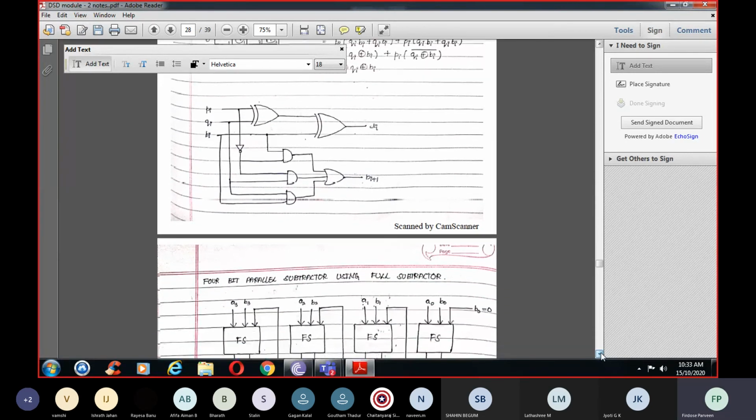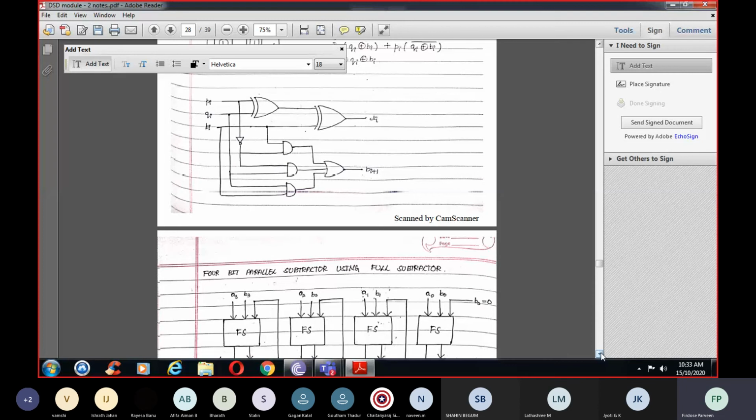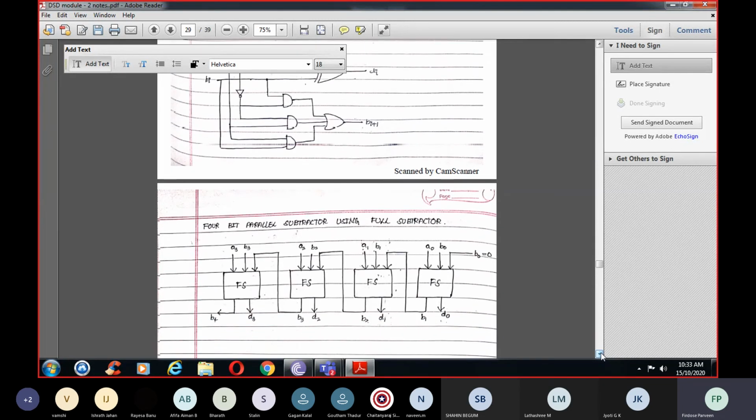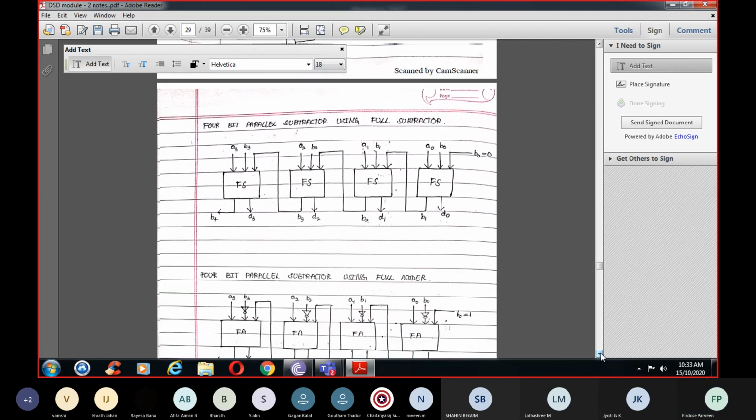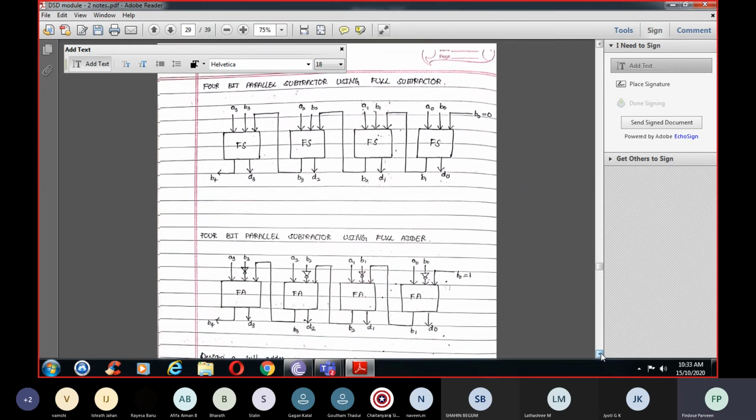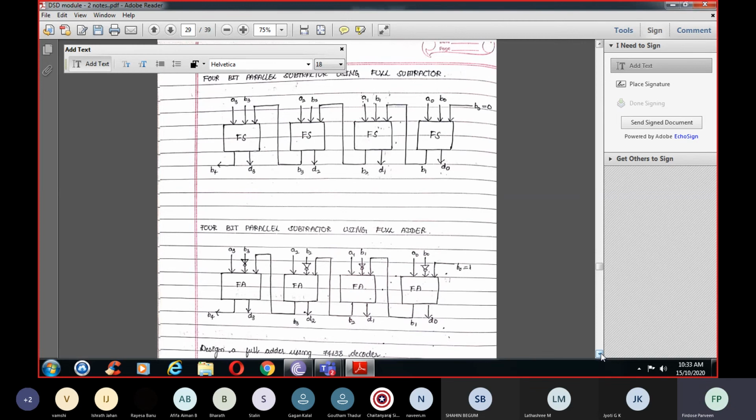In the same way what we have done for binary full adder, that is parallel adder, the same thing is for parallel subtractor. So A0, B0, A1, B1, A2, B2, A3, B3. Okay, the borrow of the previous stage will be given to the borrow of the next stage.